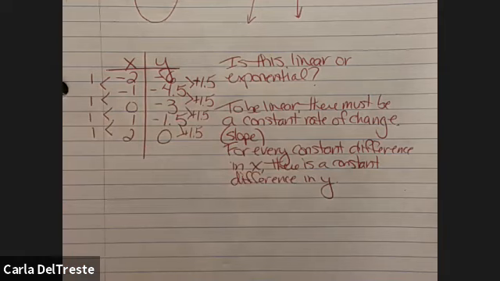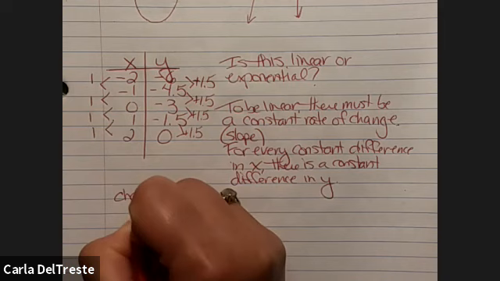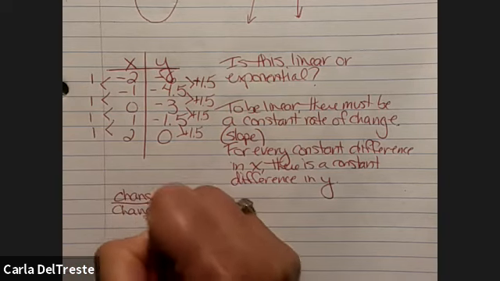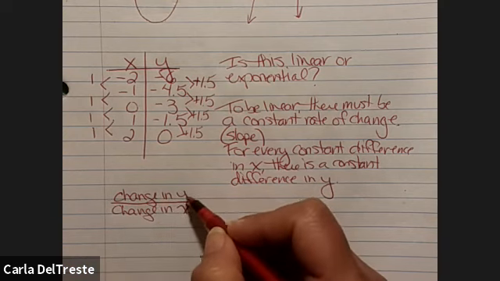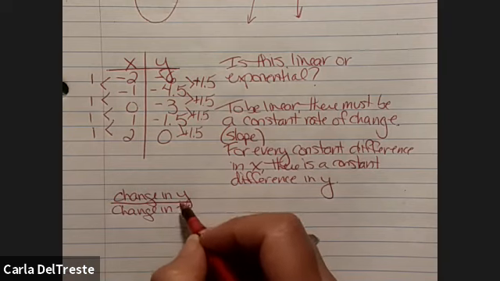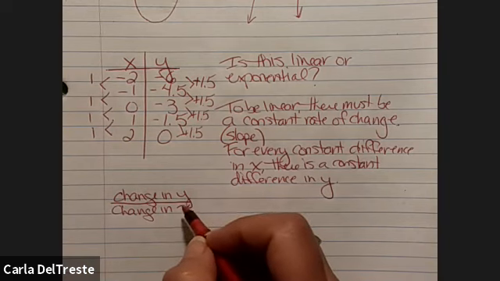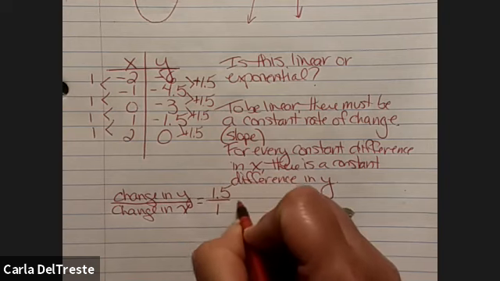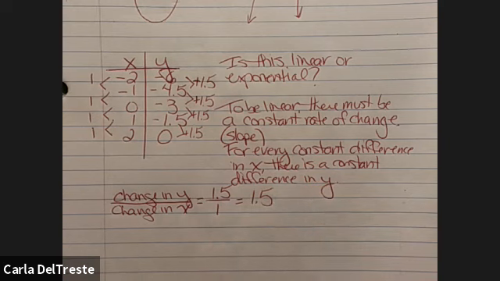You're looking for that pattern. So if I look at the change in y over the change in x, because remember, rise comes first when you're talking about climbing a staircase, so for slope, we're talking about y direction first. The change in y is 1.5. The change in x is 1. So that tells me that I do have a constant change of 1.5 or a slope of 1.5.